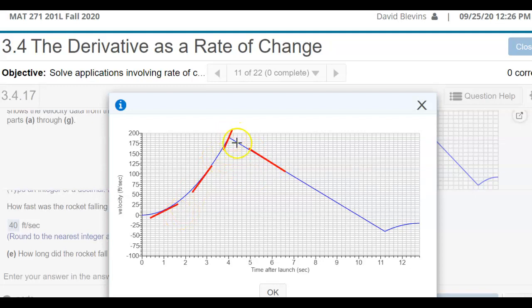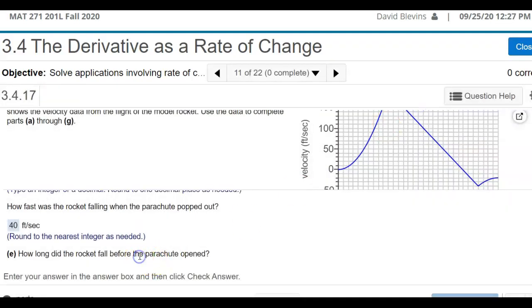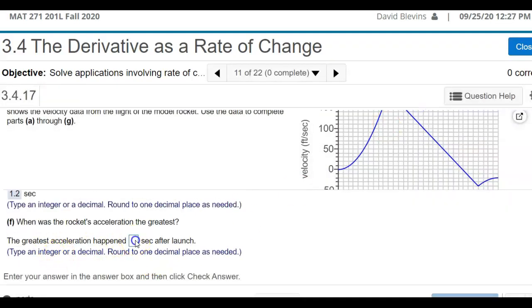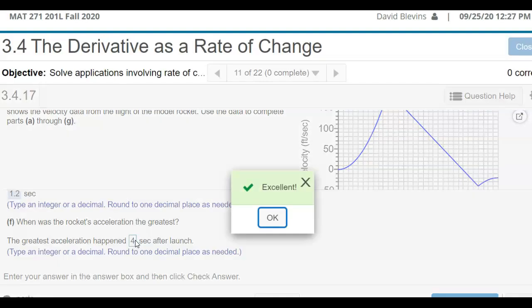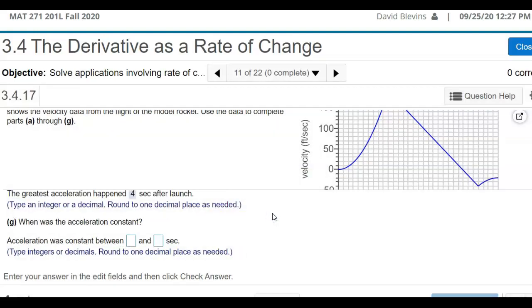That's the steepest tangent line I'm going to see on here anywhere, that one right there that corresponds to that highest point. Alright, so that was when t was equal to 4.